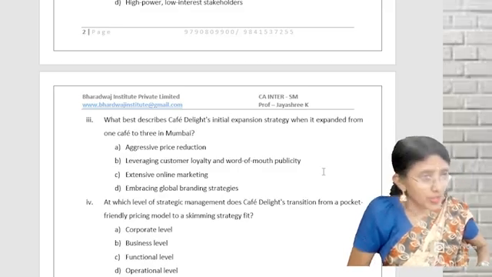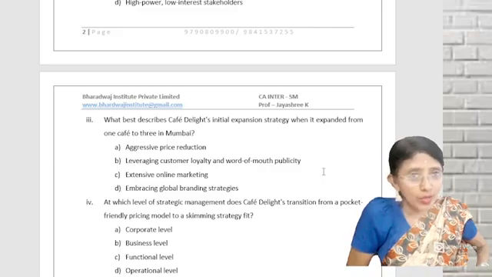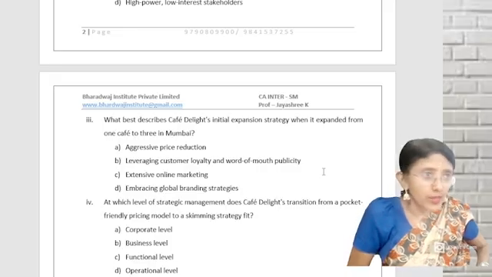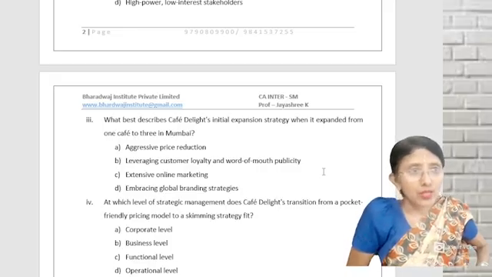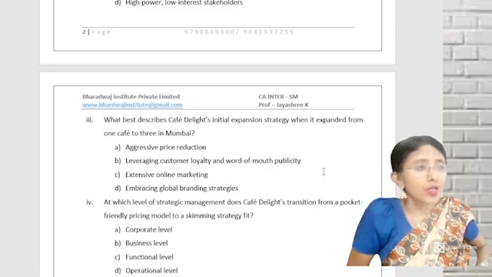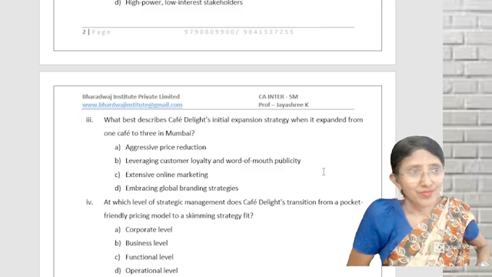Except the right option, you have given all the three. It is extensive online marketing. So online marketing is the way of expanding to a larger arena because it is easier, relatively. And you all know that advertising and promotion involves huge money. It also comes under the category of sunk cost. Recovery is not sure, right?